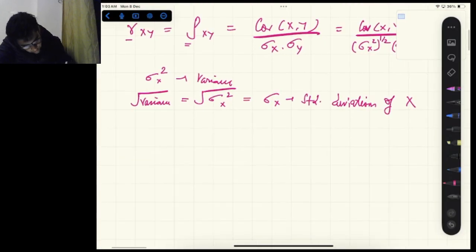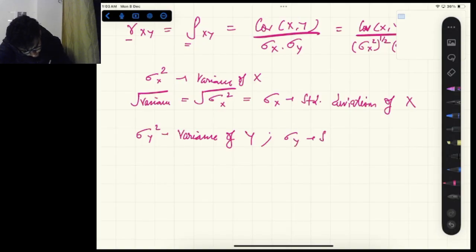In a similar way, sigma square y is the variance of y. This is the standard deviation of y.